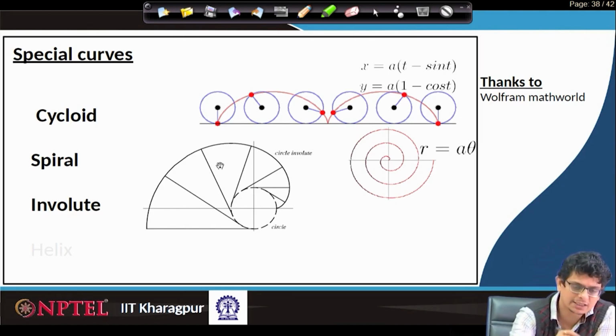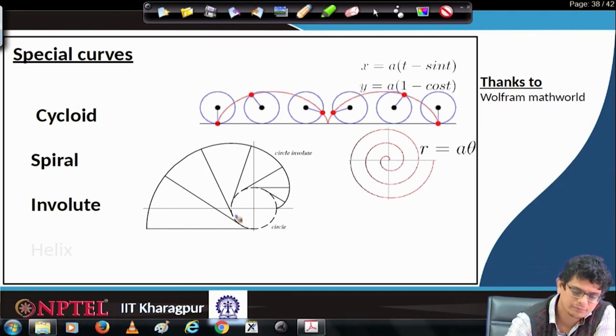For example, let us consider this is the cylinder, a circle in 2 dimensions, and this is the rope which we might have tied there.